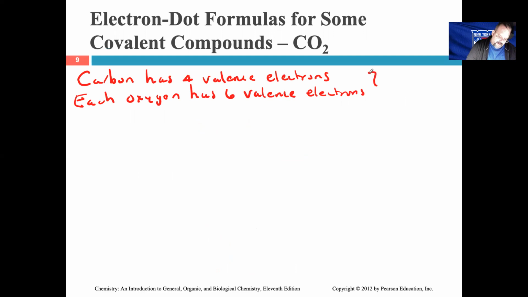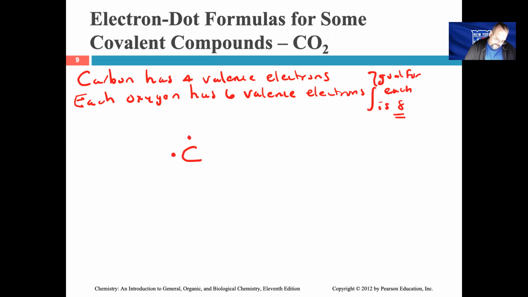And the way we know that for oxygen is that oxygen is in group 16 or 6A in the periodic table, and if you're in group 16 or 6A, you have 6 valence electrons. So again, the goal for each is to get up to 8. So let's start to set this up.